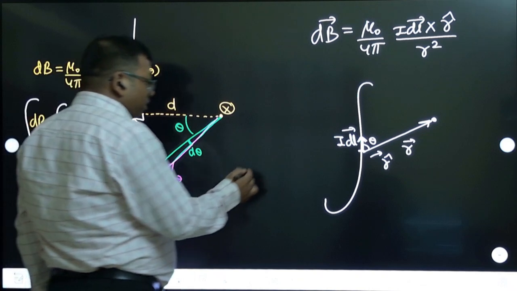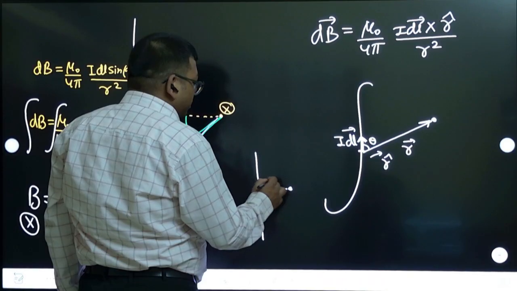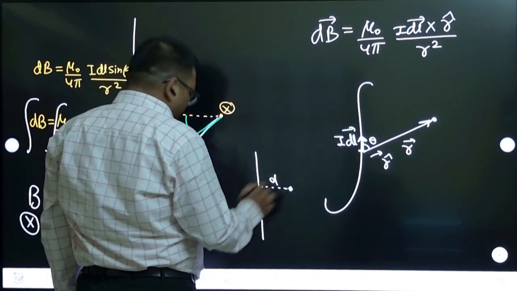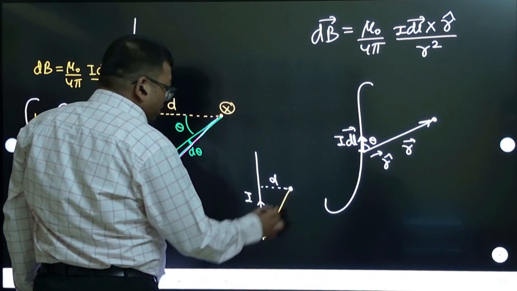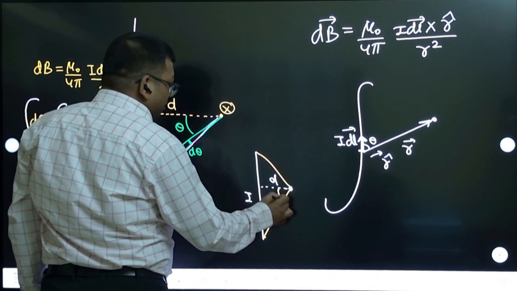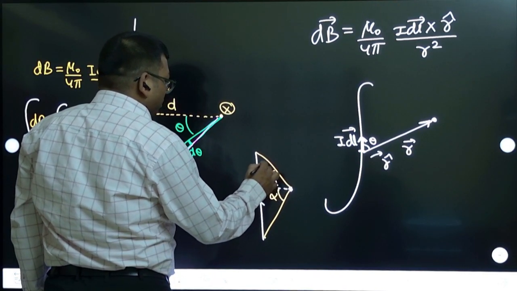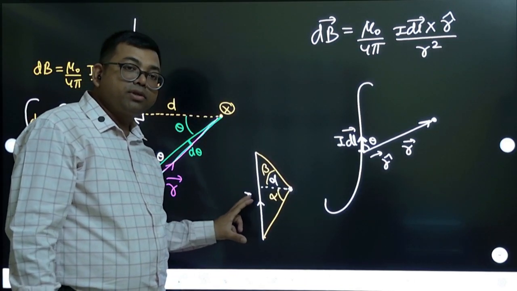So you are taking a wire which is finite, at a distance d, where you want to calculate the magnetic field. When you join the ends of the wire like this, these angles are alpha downward and beta upward. This is a finite angle, but suppose the wire becomes infinite.